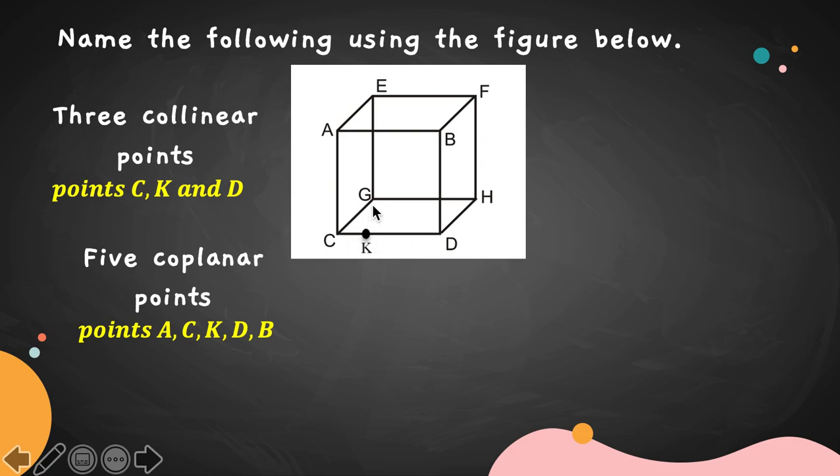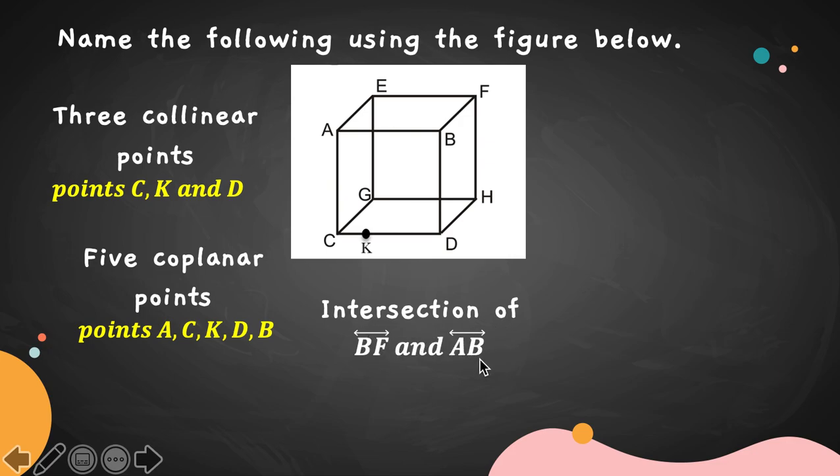Another example would be on the bottom face. Look at the bottom face, the bottom plane. We can also have points G, C, K, D, H as five coplanar points because they also lie in just one plane. Next, how about the intersection of line BF and line AB?